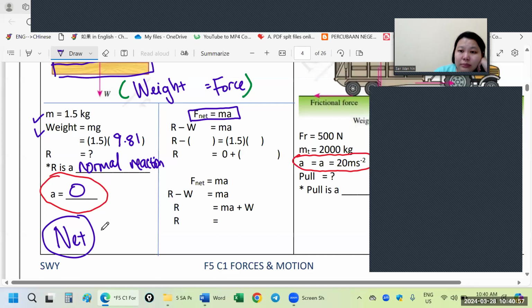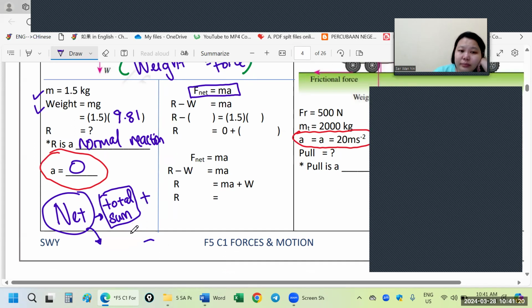Total. Can, but normally for total we would use sum also. Normally we will use the math sign as plus. But net actually means minus. After you subtract, what's left?